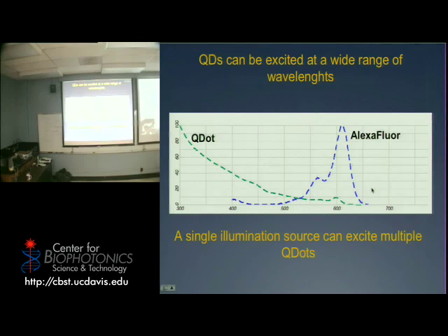So think about how much easier it is to excite with a single source, maybe even many different quantum dots, and each of them will shine at a different light, rather than having fluorophores, each of which has a very specific excitation wavelength. You can wiggle a little bit, but not much, and the emission is right here, so you have to go and filter that out and everything.